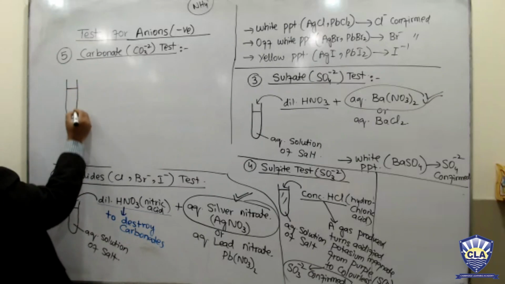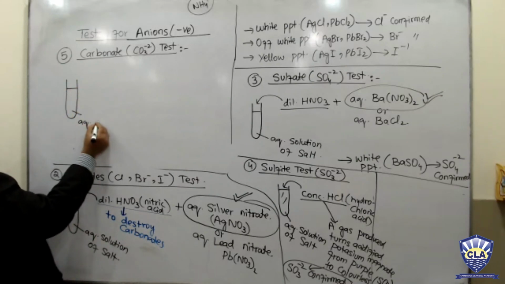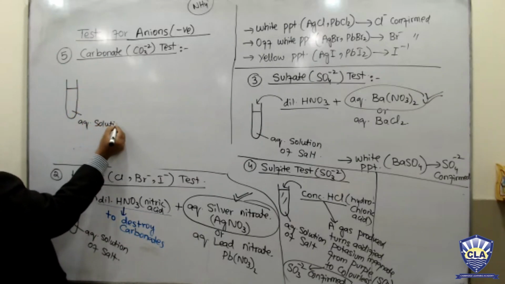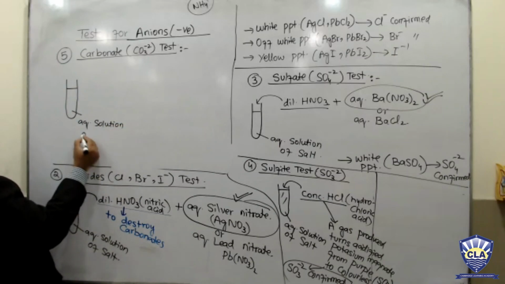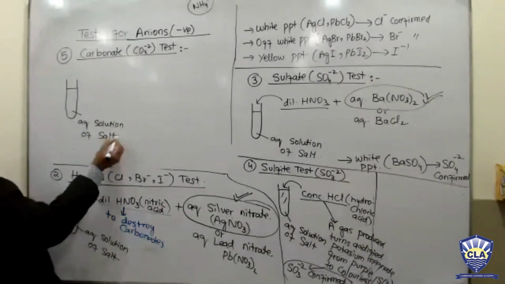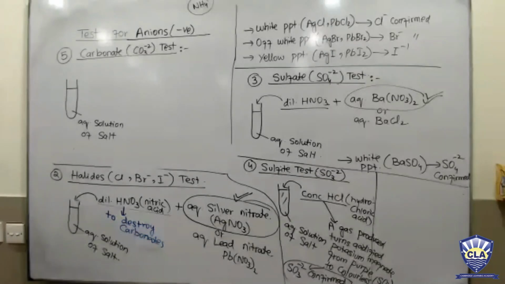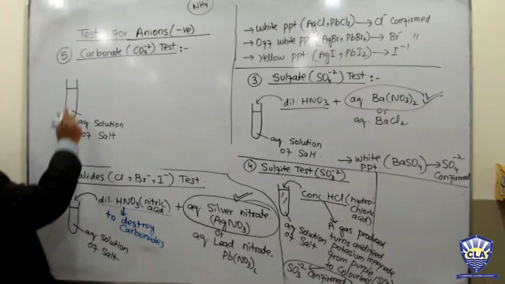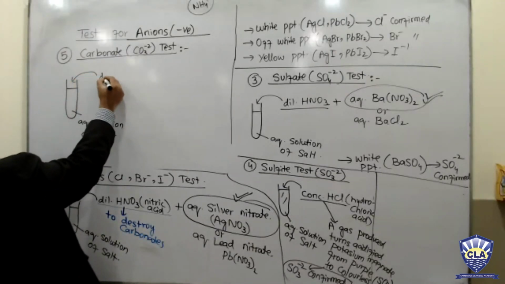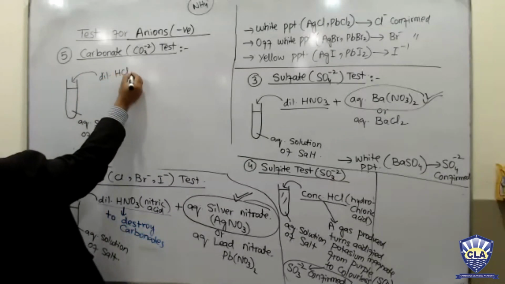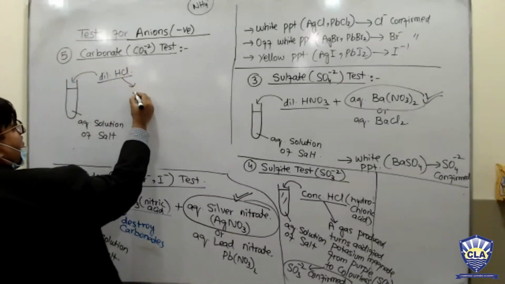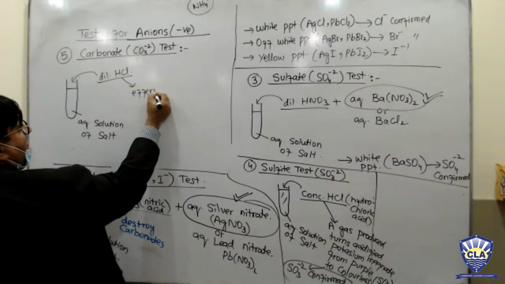You should take the aqueous solution of salt. I have told you, take a little bit of salt, take water, mix it up, so you will get the aqueous solution of salt. You should add dilute HCl inside it.